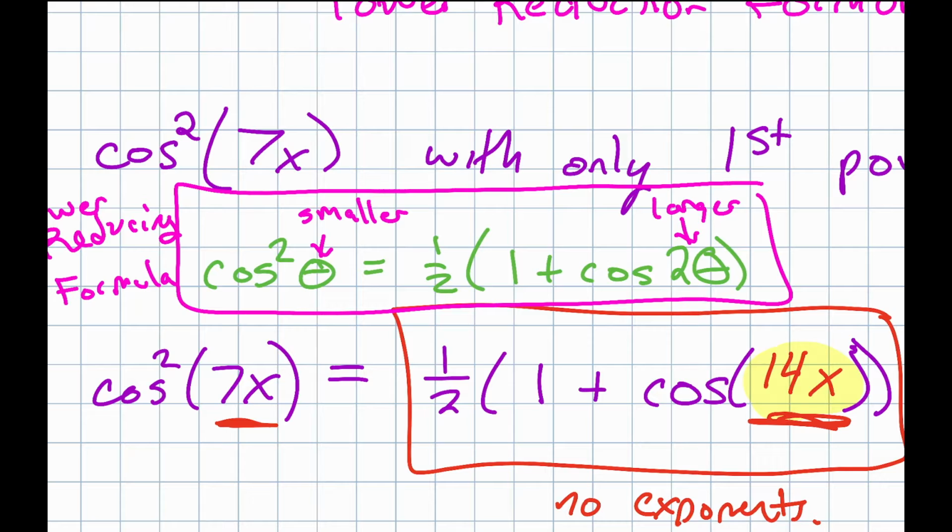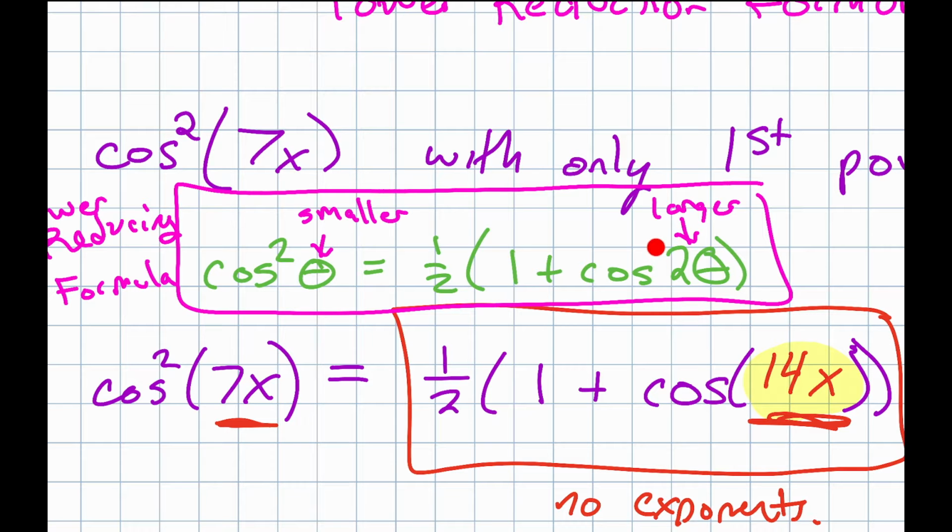The reason I want you to think of it that way is because when you're using these formulas, you're either going to be multiplying something by 2 or dividing it by 2. If you are having trouble remembering which is which, just think about what should be smaller and what should be larger, and then you won't get it backwards.